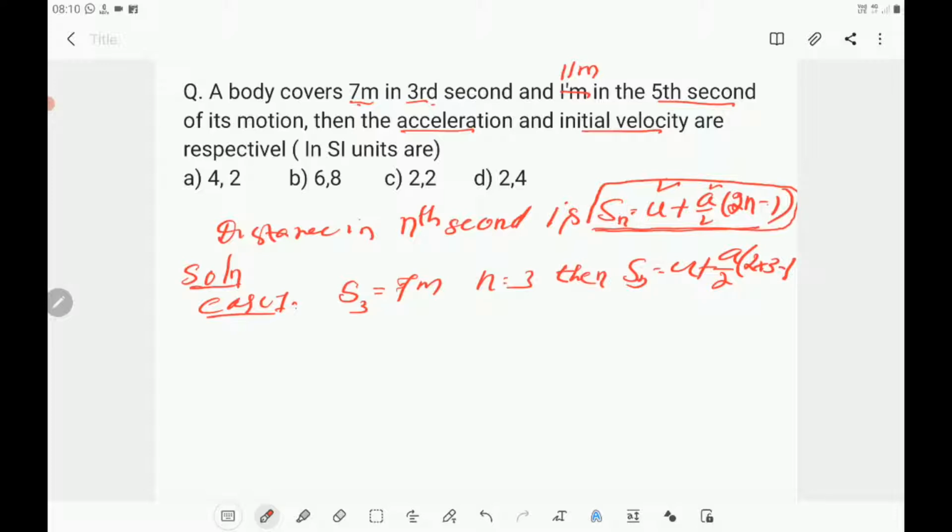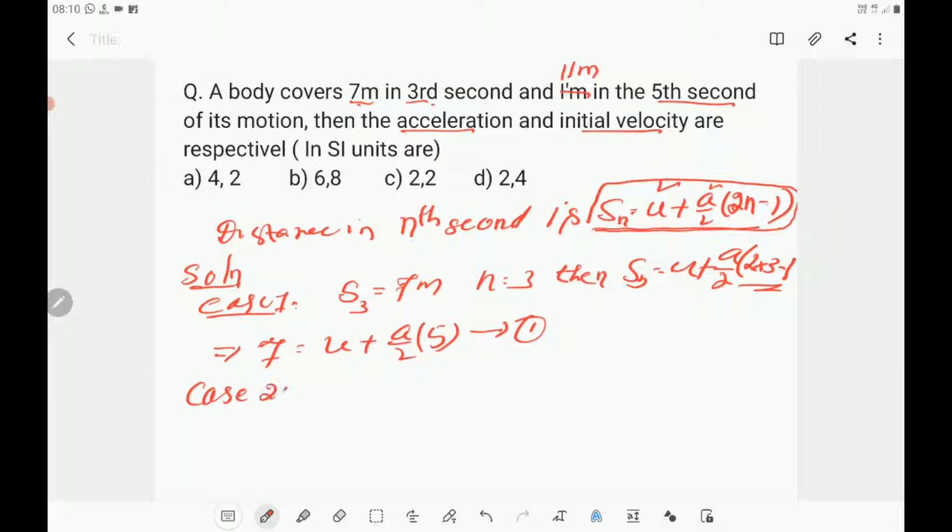So for S3 you write 7 equals u plus a by 2 into (6 minus 1), 5. This bracket term is 5. You can stop here itself because you have two unknowns, u and a. You cannot proceed further. You take this as equation number 1. Go to case 2.